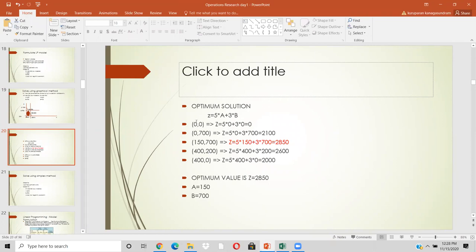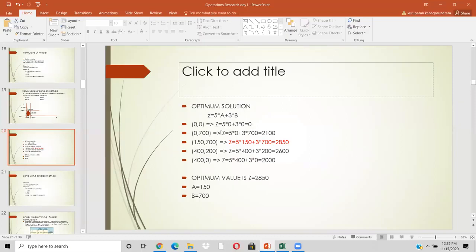By substituting in the objective function. What is the objective function? Z is equal to 5A plus 3B. For the first point, A is equal to 0 and B is equal to 0. By substituting, we get Z equal to 0.